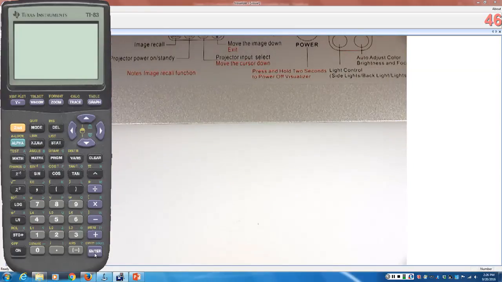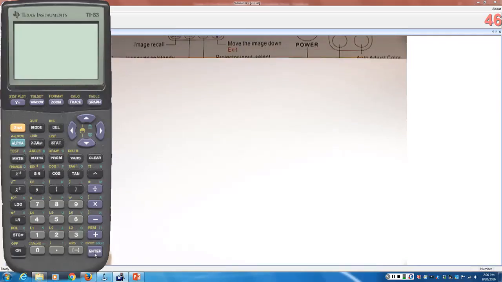Before we go any further, grab a sheet of paper.